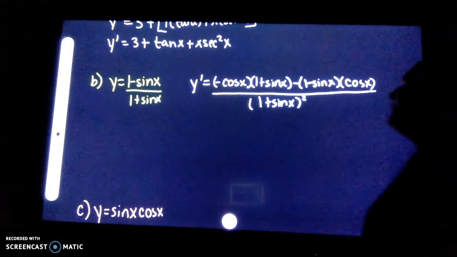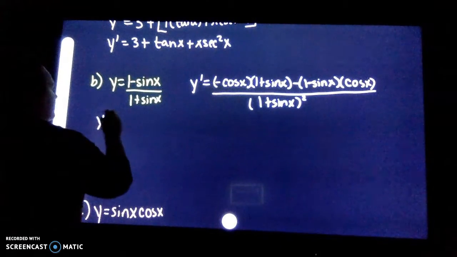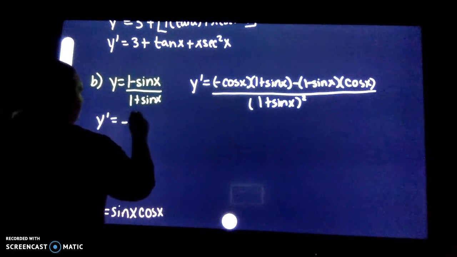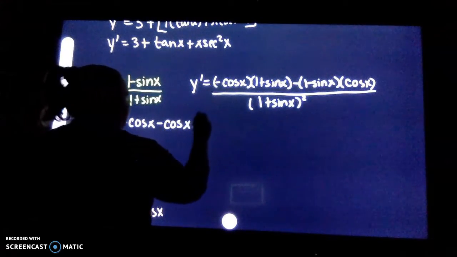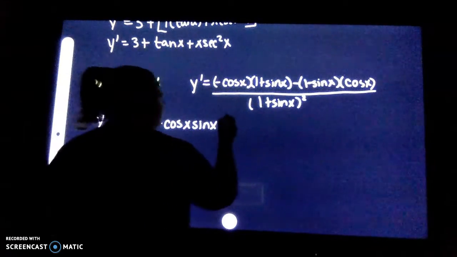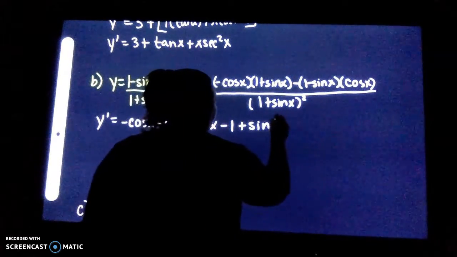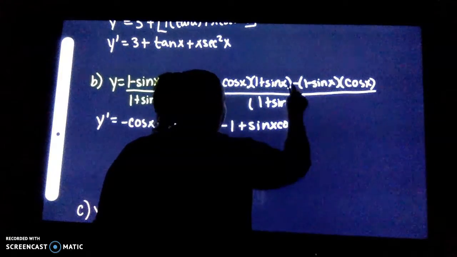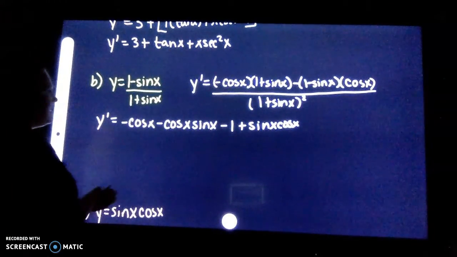Okay, so what I'm going to do from here is I'm going to simplify that numerator. So I get negative cosine of x minus cosine x sine x minus 1 plus sine x cosine x, because a negative times a negative. Then I can go ahead and combine like terms.